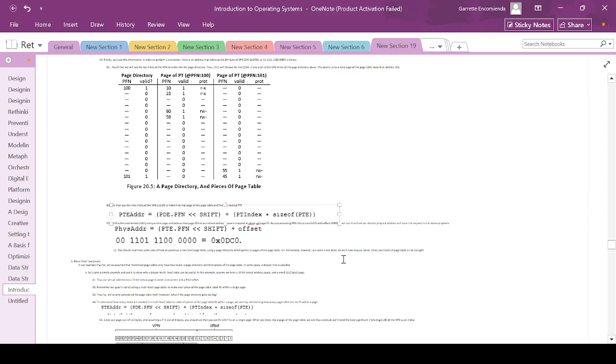So that's how we get the PTE address, or the start of that page table for the actual page. It's the next to last, the 14th entry on the page. 1110 is the next to last.